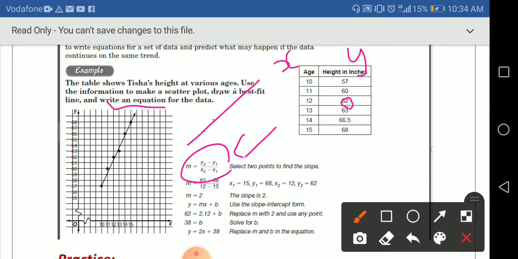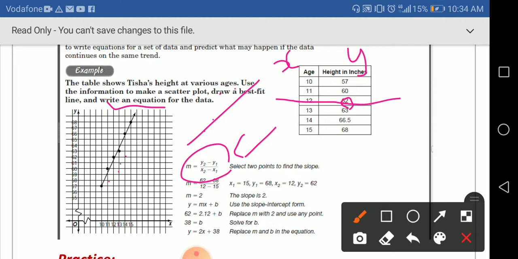And I need x. This is x, and this is y. I need 2 points. So I'm going to choose 2 rows, for x and y, or 2 ordered pairs. Let it be very easy and simple. Each point gives me an ordered pair.